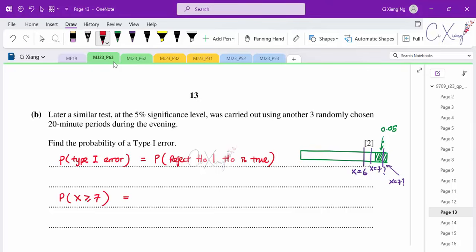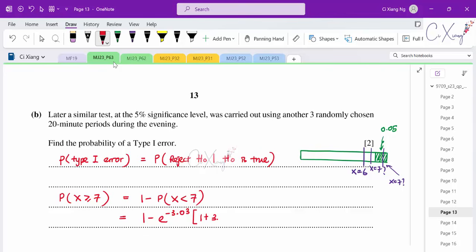Okay, so again, x greater or equal to 7 means that you take 1 minus the probability of x smaller than 7. Again, you can continue from the step that you did in part A, for x smaller than 6. But for me, I just rewrite everything again.